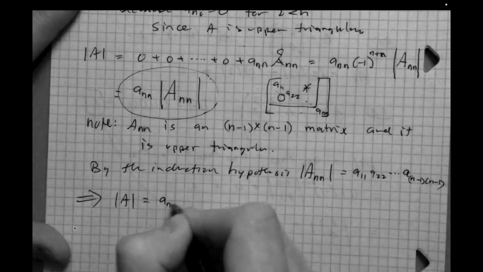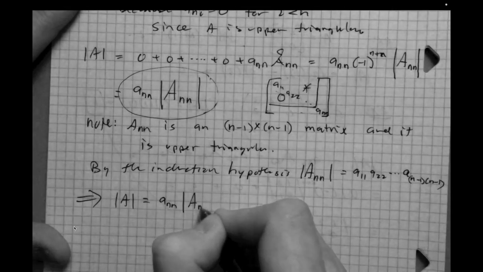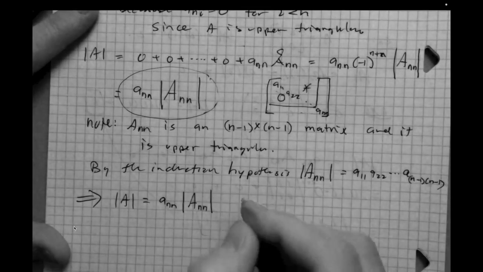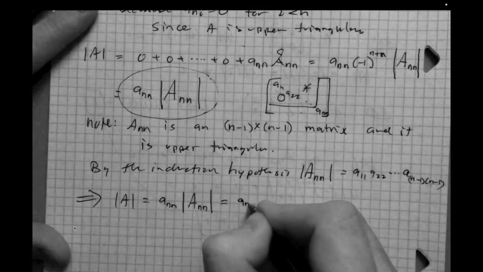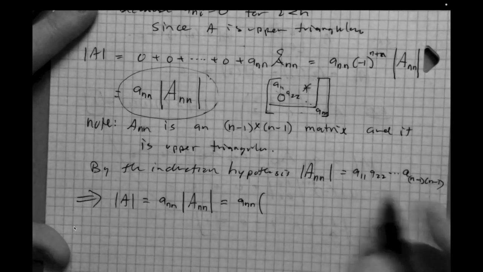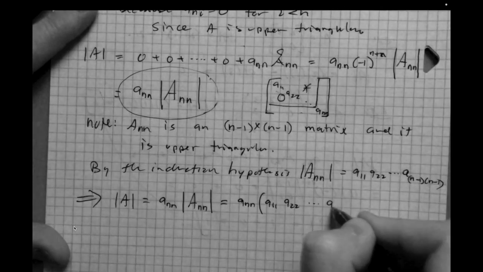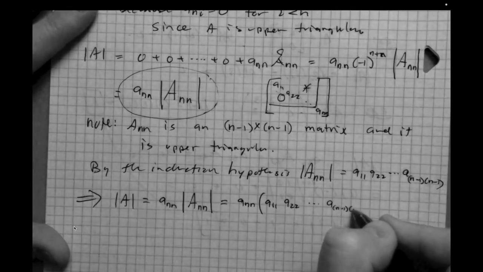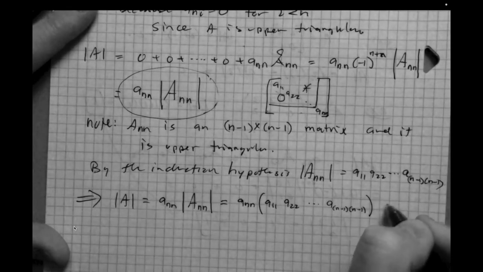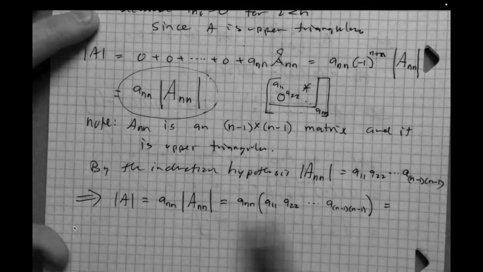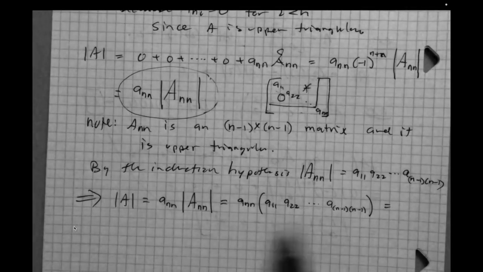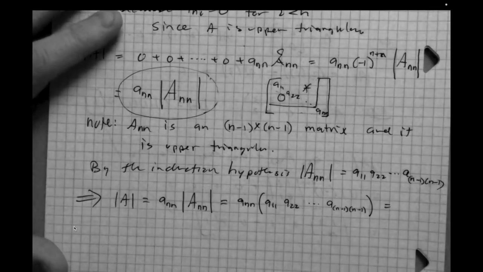And so that implies, remember this, we've got our determinant of A equal to Ann times the determinant of the (n−1)×(n−1) submatrix, which is Ann times this product, A11, A22, ..., A(n−1)(n−1). You can see that this just adds the nth diagonal element to that product.